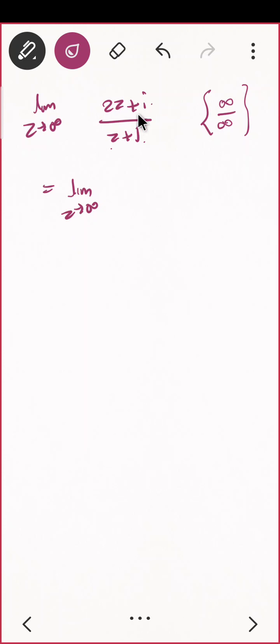It is 2z plus i. Derivative of 2z will be 2 and derivative of i is 0. In the denominator it will be 1 plus 0. So the answer is 2. Correct. Is that clear to everyone? Yes, it is the same thing, dividing by z, both are the same, correct?